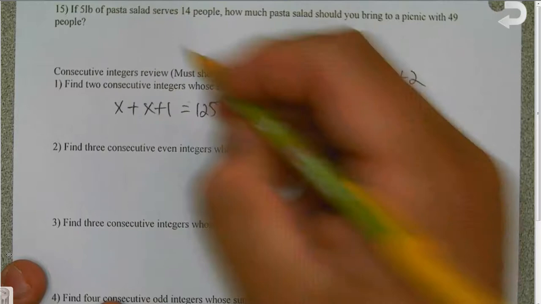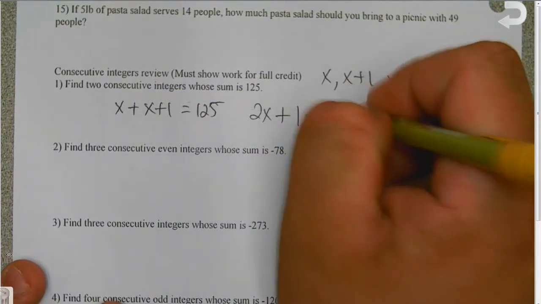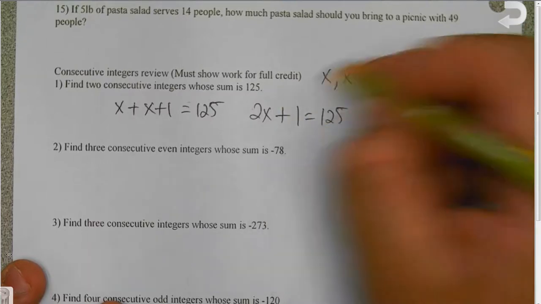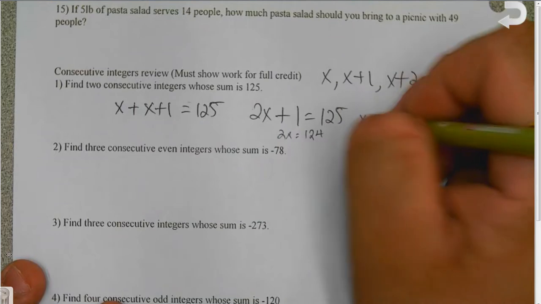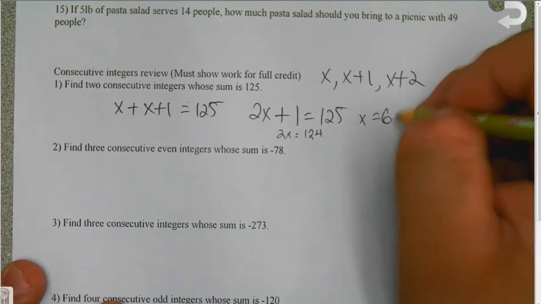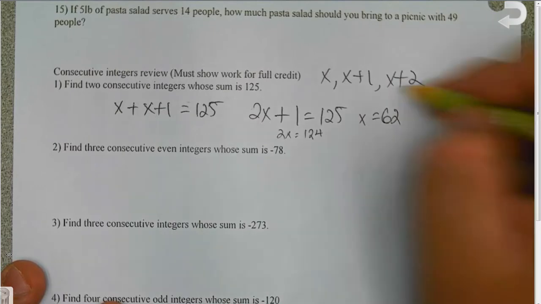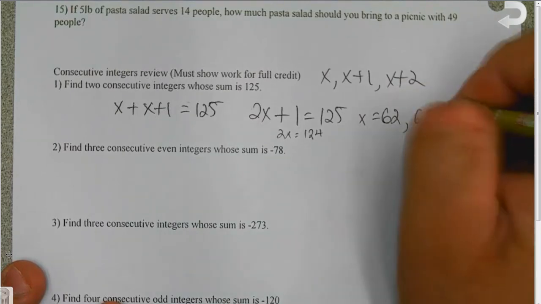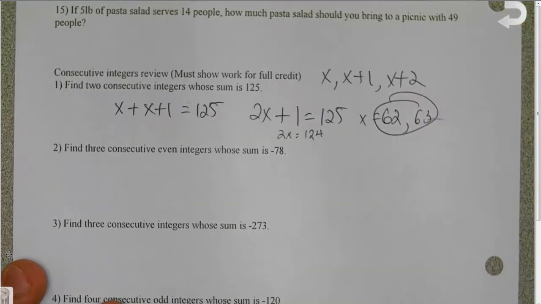We know how to solve this. 2x plus 1 is equal to 125. 2x is equal to 124. X is equal to 62. But it wants to know the 2 numbers. If x is equal to 62, the next number is 63. So there's my 2 answers.